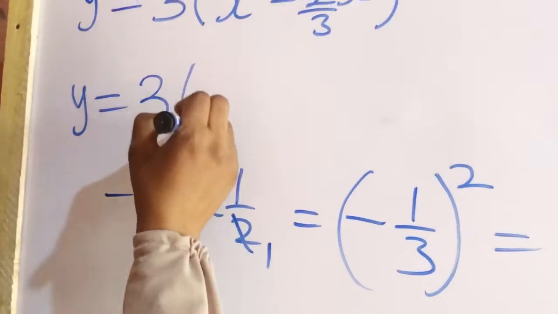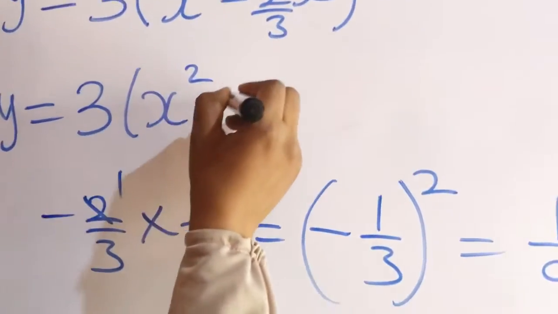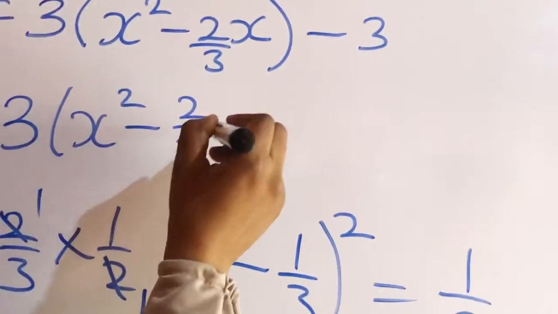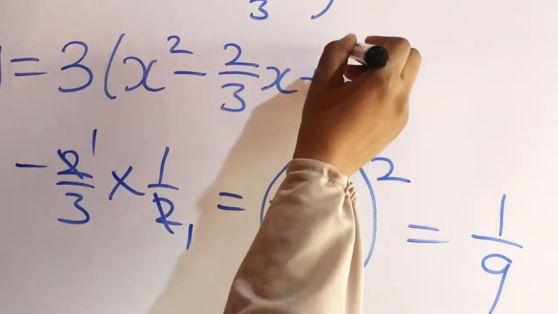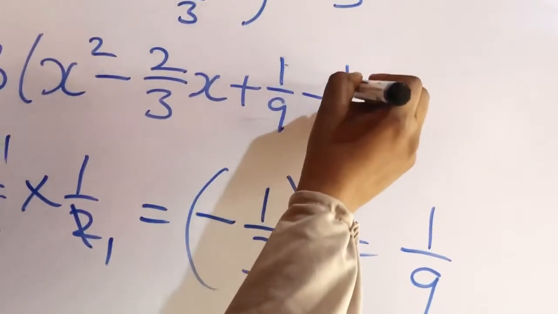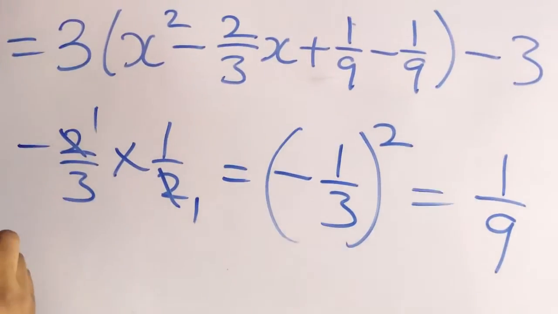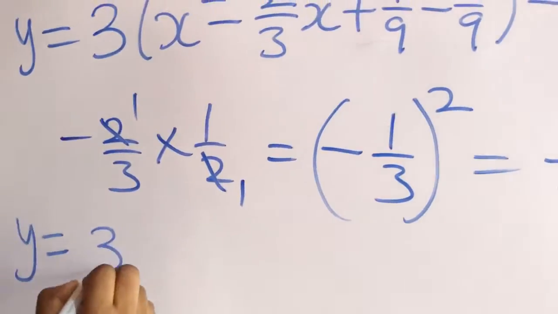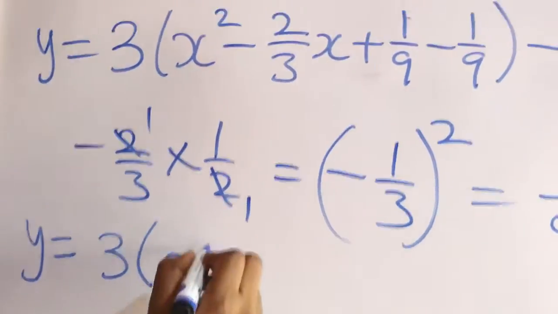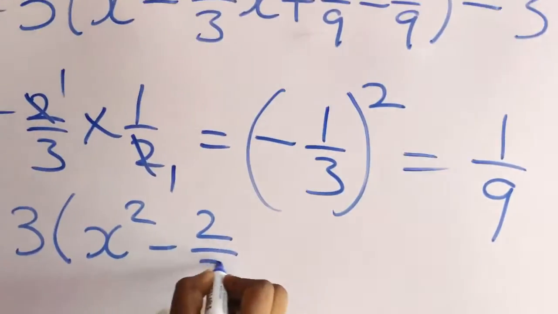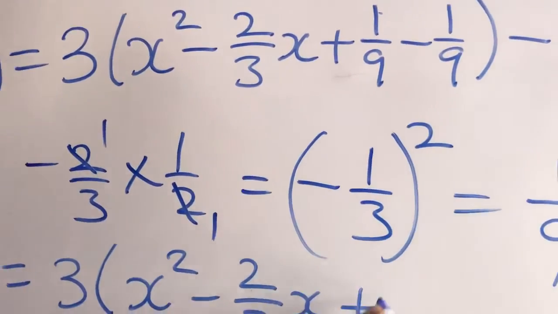So y is equal to 3 into bracket x squared minus 2 over 3x plus 1 over 9 minus 1 over 9, then minus 3.